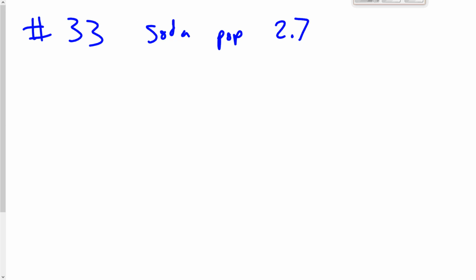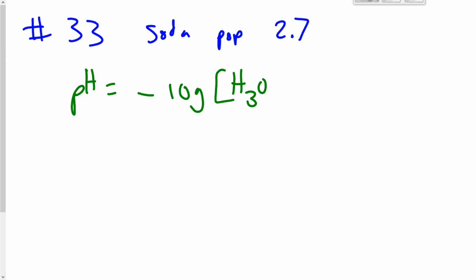Okay, so number 33 is saying that the soda pop has a pH level of 2.7. We want to find the hydronium ion concentration. So here we're using this pH formula. We can enter that in as our pH, 2.7. So this is kind of like the second example of that one.